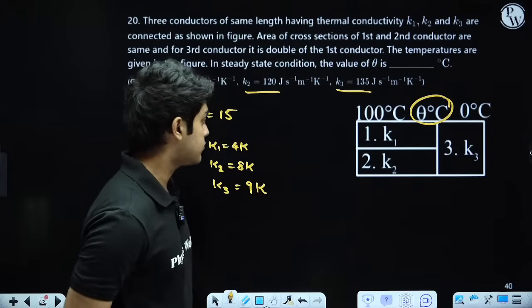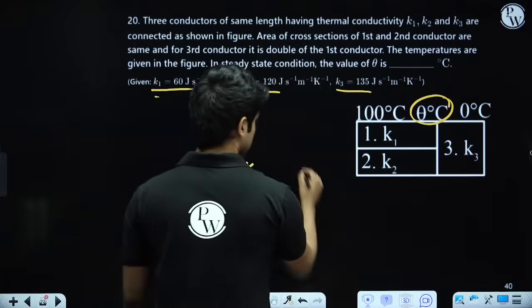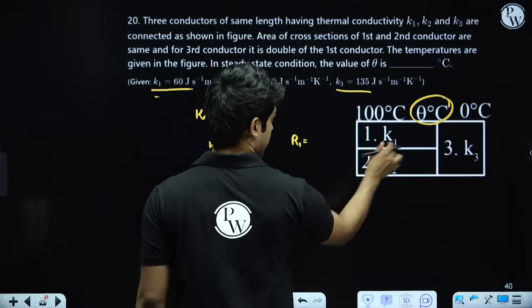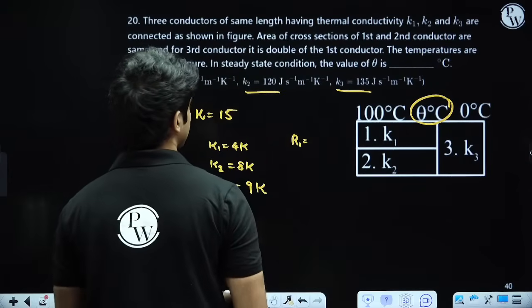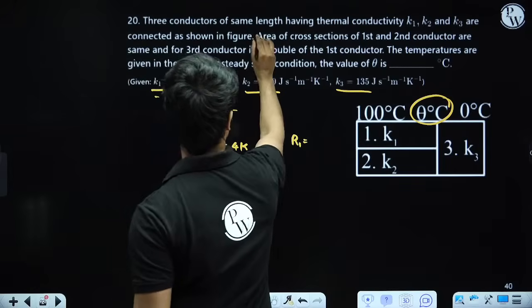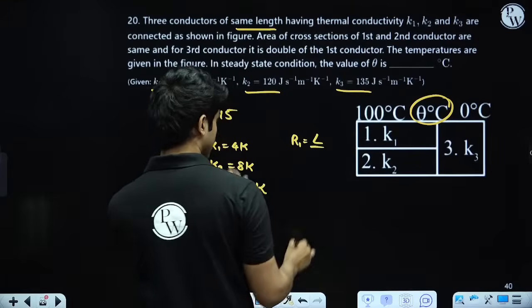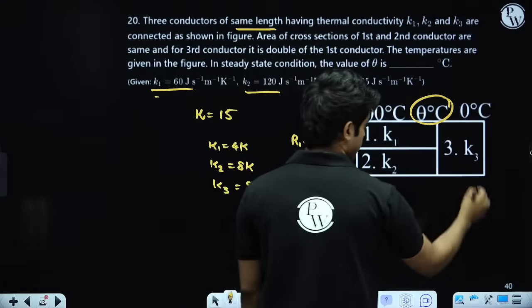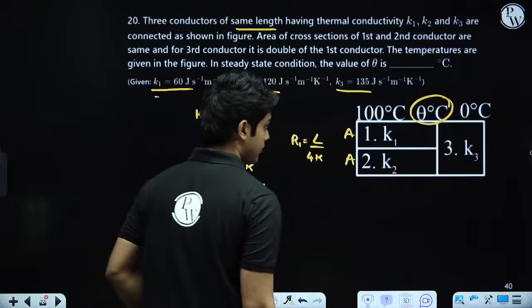Now we can find the individual thermal resistances. Is any information about the length given? Yes, they have the same length. The thermal resistance of conductor 1 will be L divided by K1, which is 4K, into area of cross section. Let's say these two have areas A, so the third one will have area 2A.